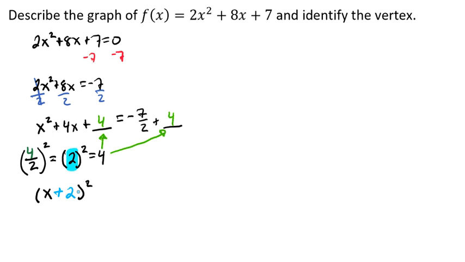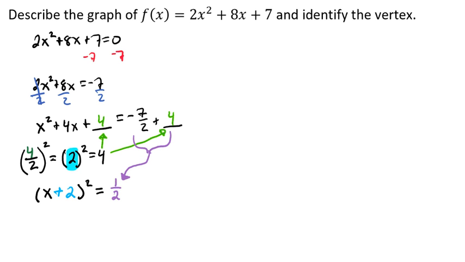And let's see, we're going to have that set equal to whatever our negative 7/2 plus 4 is. And that's the number that's going to come right there. And so if we take -7/2 and we add 4 to that, we're going to get the value 1/2.